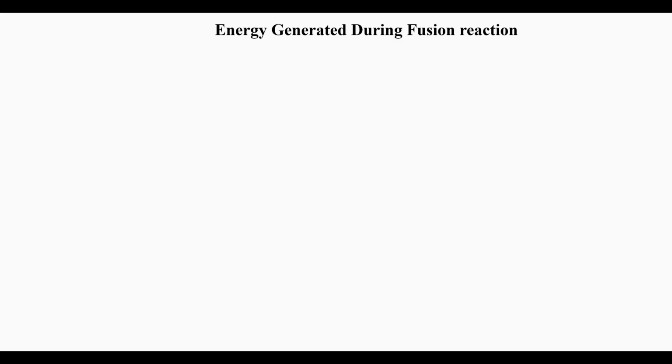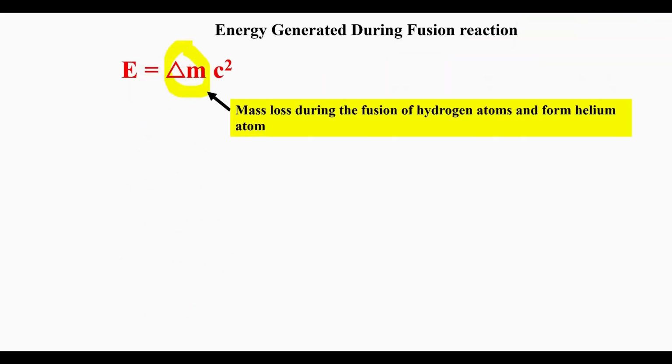be calculated by using the famous Einstein equation E equals delta m c squared, where delta m is the mass lost during the fusion of hydrogen atoms to form a helium atom, and c is the velocity of light, which is equal to 3 into 10 raised to the power 8 meters per second.